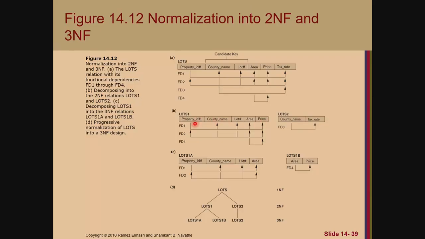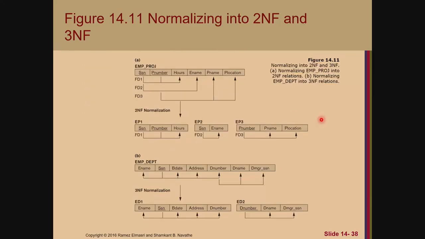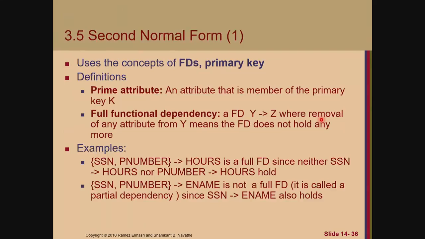After that, the loss 1 and loss 2 already satisfy the second normal form. The keyword of second normal form is here, partial dependency. Or you can remember full functional dependency, that's fine.